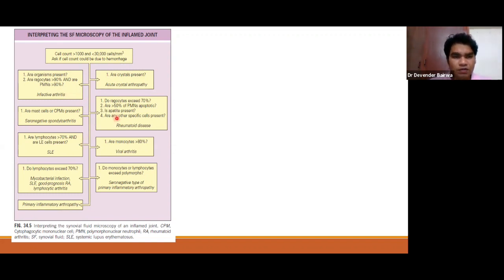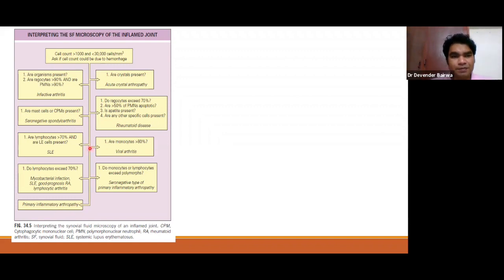Then other causes are there. Suppose there is presence of cytophagocytic mononuclear cells, then we think of the possibility of spondyloarthritis. If there are more than 50% polymorphs along with other specific cells, then we should look for that arthritis. In case of viral arthritis, most of the cells will be monocytes, more than 80%.